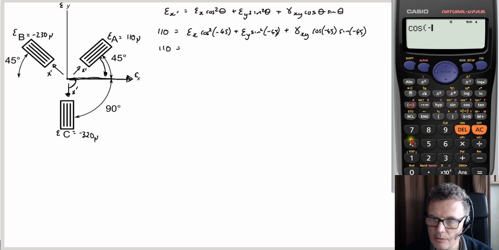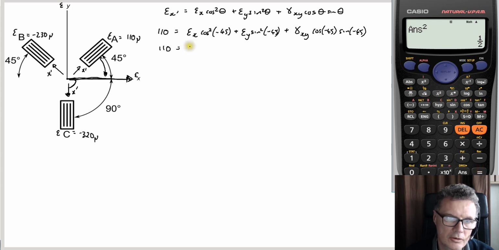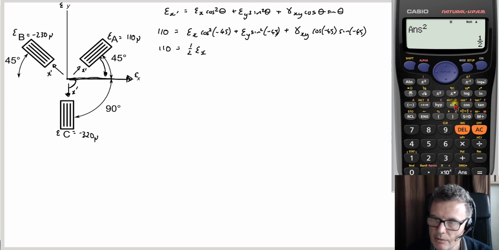So cos minus 45, let's square it, so that's a half. Sine minus 45 is going to give me the same, a half.